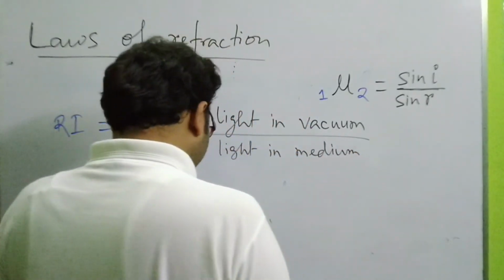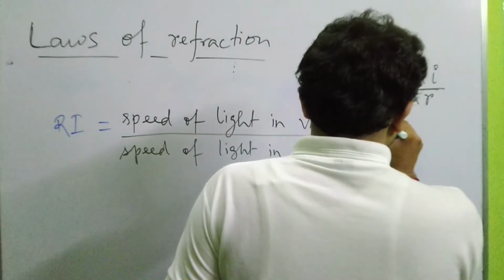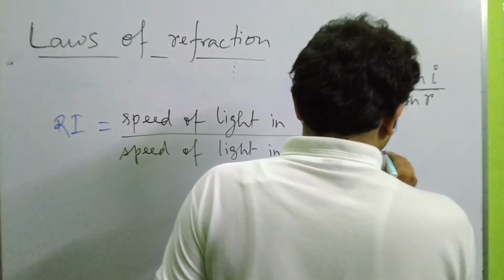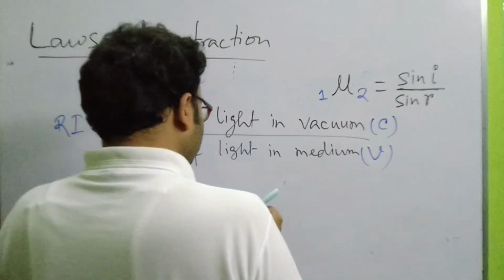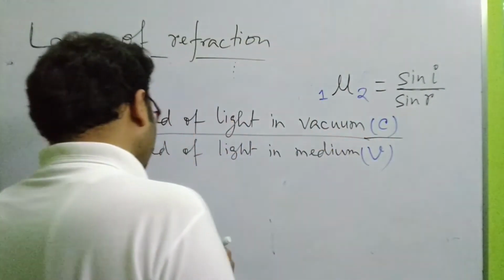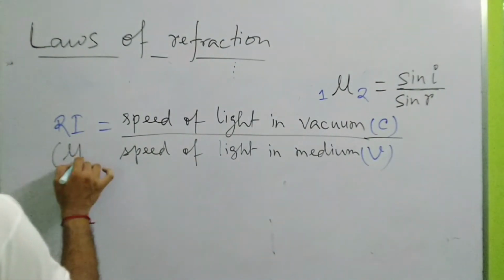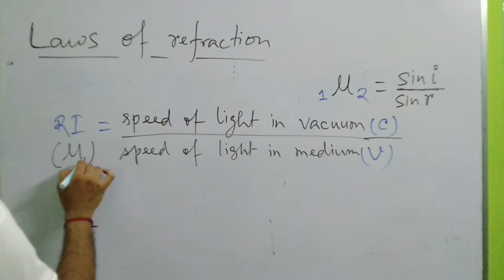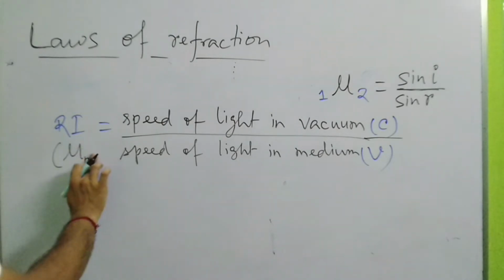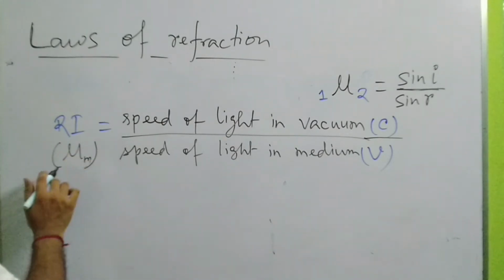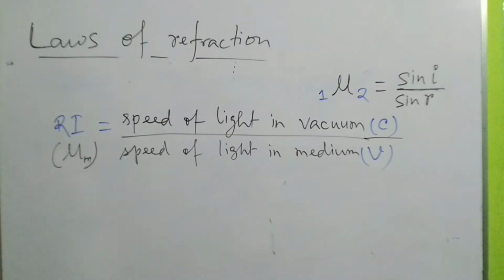Speed of light in vacuum is given by the letter C, and speed of light in that particular medium is given by the letter V. So it can also be defined as this ratio, and here it is denoted by the letter mu only. So mu m, the refractive index of that particular medium, because here the value does not change, and this is called the absolute refractive index.